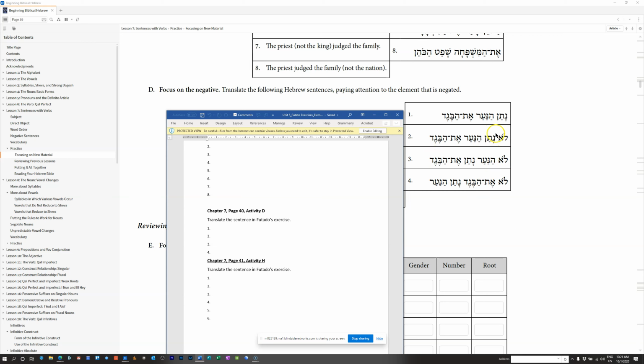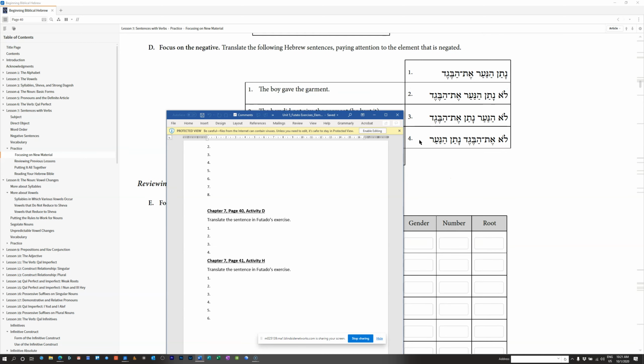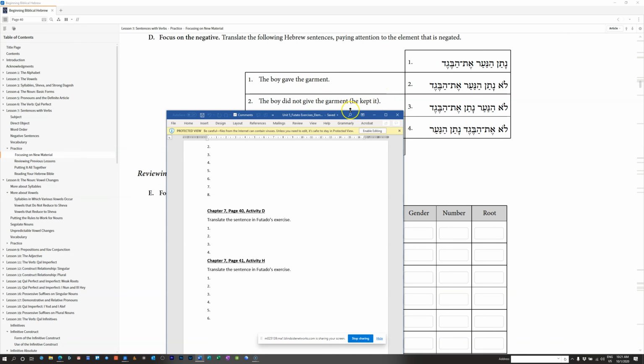So in number 2, the word that's negated is Natan. So this would then be translated, instead of the boy gave the clothing, as the boy did not give the clothing, perhaps he took the clothing, or he kept it, okay? So the thing that's negated is Natan. Your translation should not have this information in it.